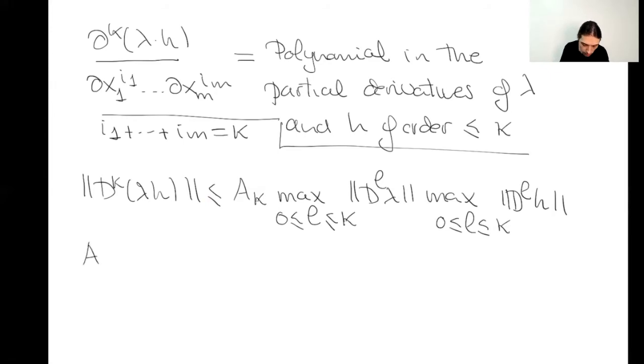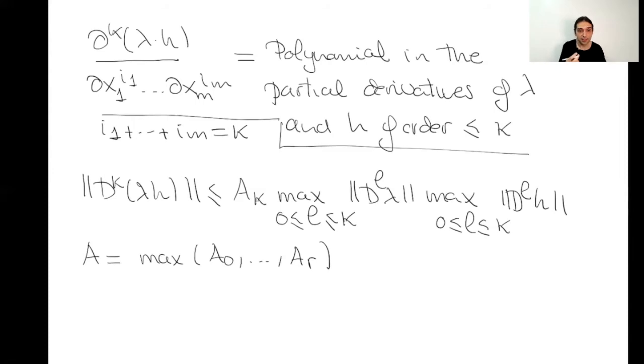So we are going to define this capital A as the maximum of A0, A1 till AR. Let us remind ourselves that F was a CR map.